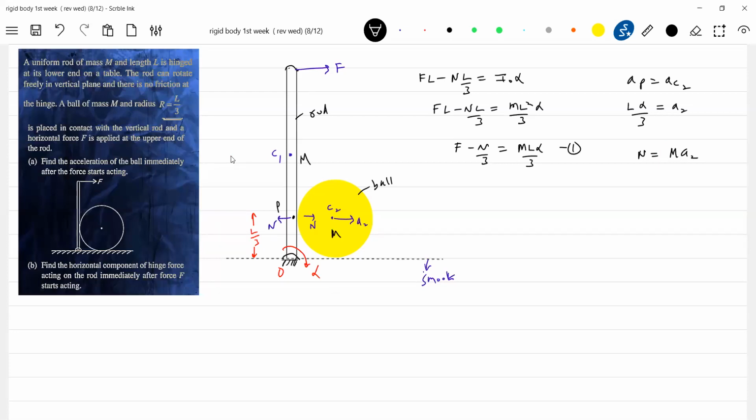I think this is equation 1, this is equation 2, 3. F minus N by 3, this will become MA2. That MA2 will become N. Three F by 4. Then from this, we'll get the acceleration.